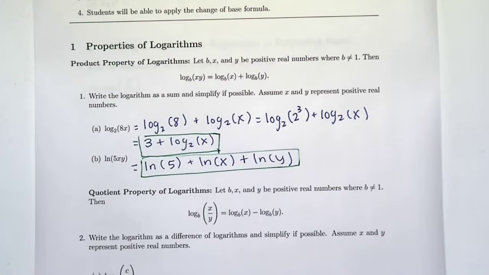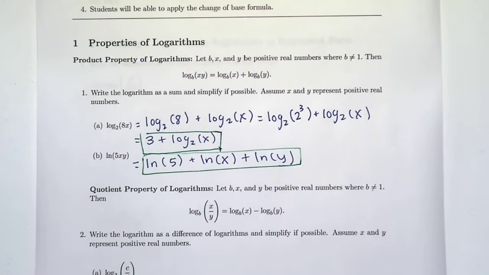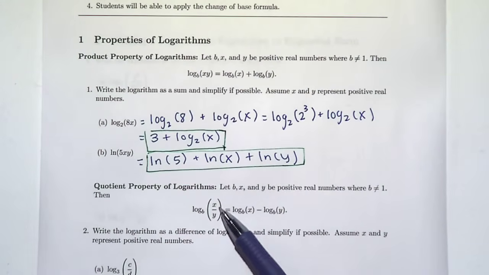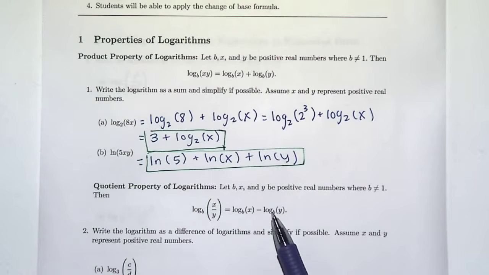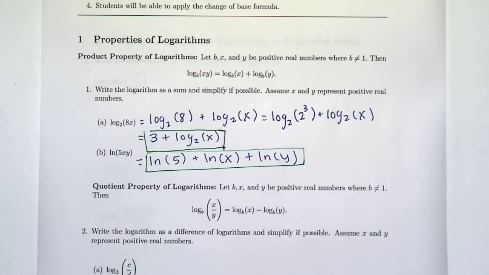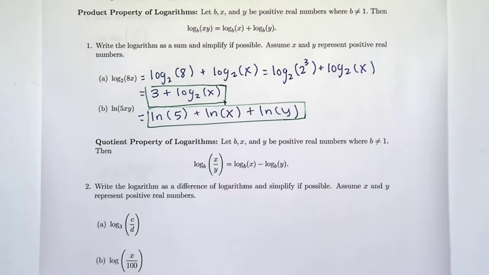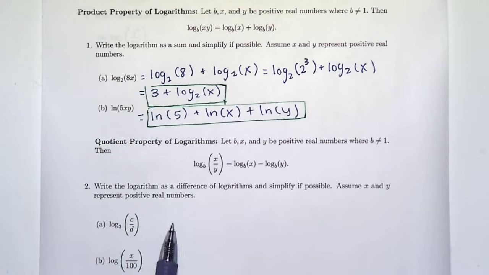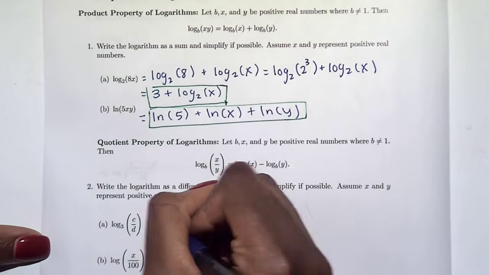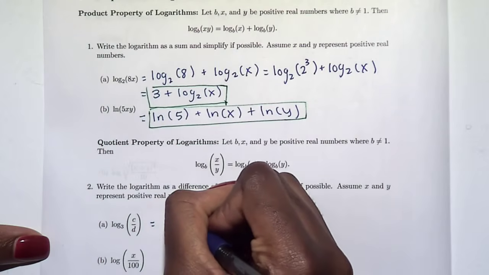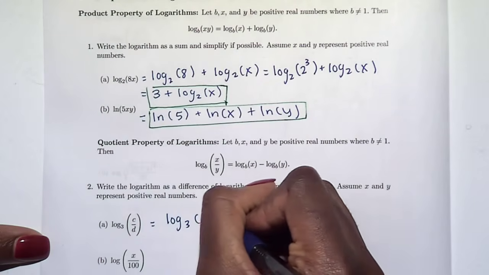All right, we also have a quotient property. So here, same conditions, but division goes with subtraction. So if we're dividing inside of our log, we need to subtract and break it up into two pieces. All right, so for example, log base 3 of c divided by d. All right, we see division here, so that means we need to break it up using subtraction.